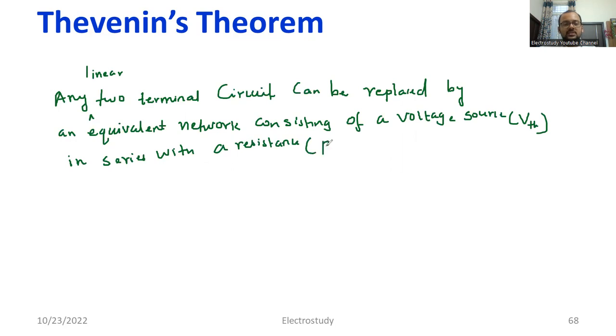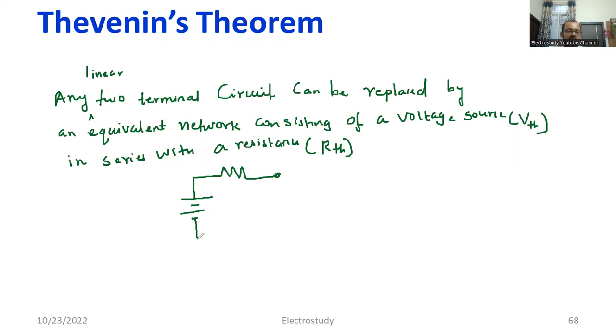This resistance you call RTH. That means a linear two-terminal circuit can be replaced with an equivalent network comprising a voltage source in series with a resistance like this.